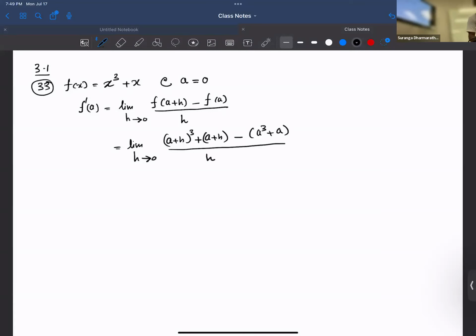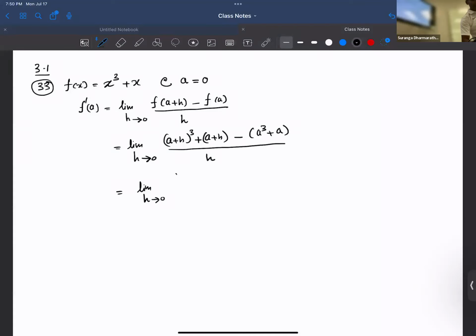Good. Okay, so what is this limit as h goes to 0? I can take a plus h out, or I can use the binomial expansion.